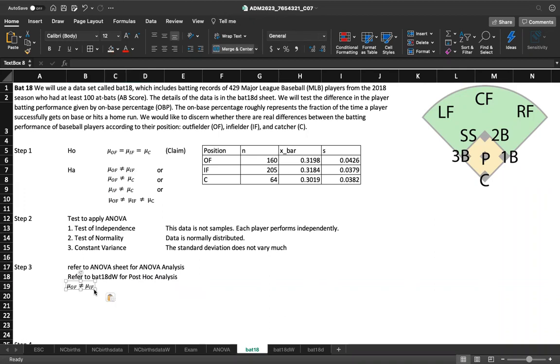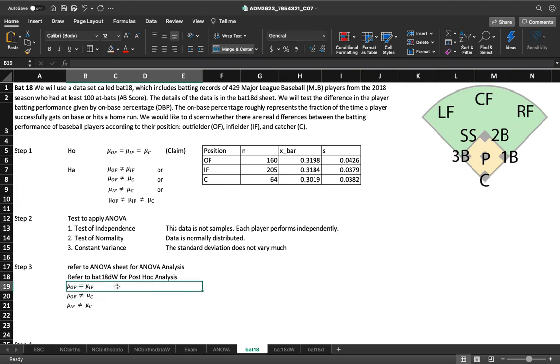So we notice that OF and IF differences are insignificant, so they are equal. OF and catchers is different, and this is different.